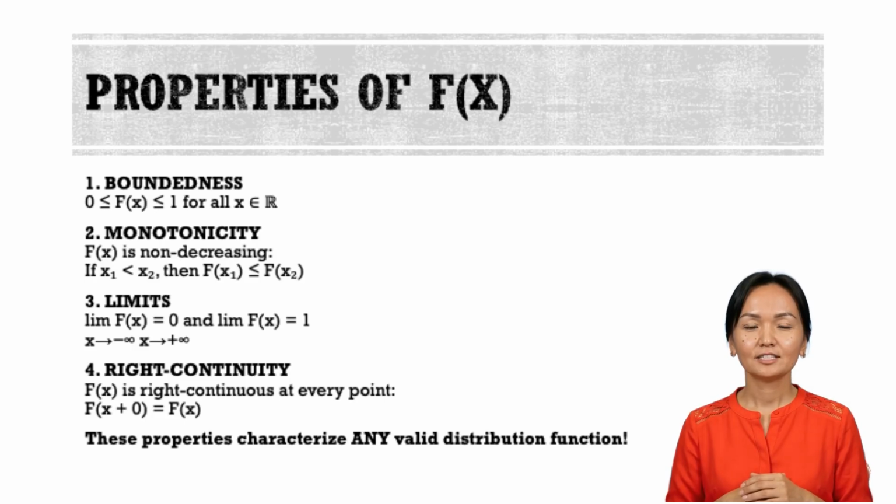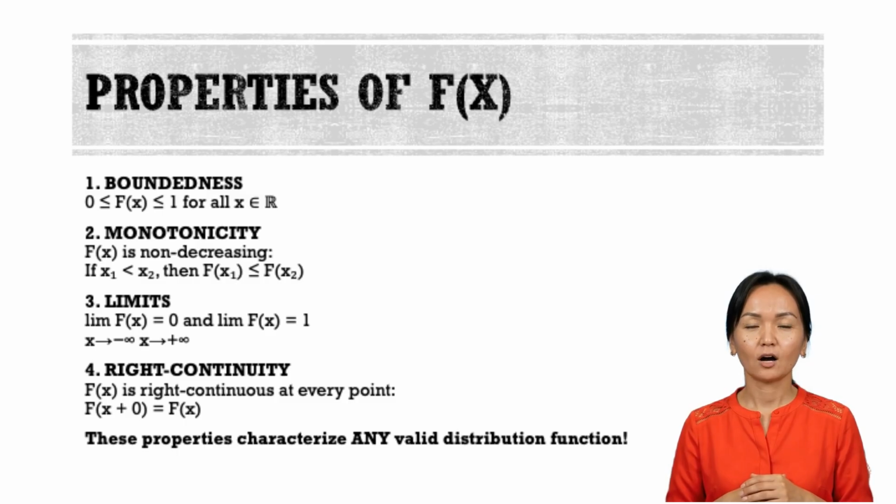Now let's see how the distribution function works for discrete random variables. For a discrete variable with a distribution series, F(x) is the sum of all probabilities for values less than or equal to x. In other words, we add up all p_i for which x_i is less than or equal to x. Let's look at the coin toss example where we toss a coin twice and X is the number of heads.